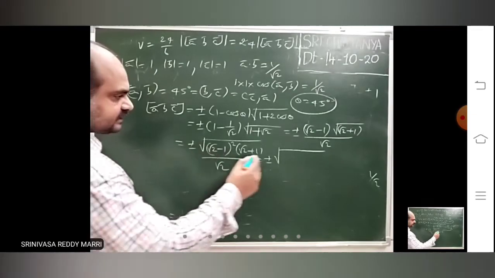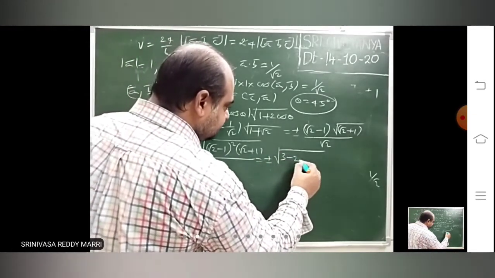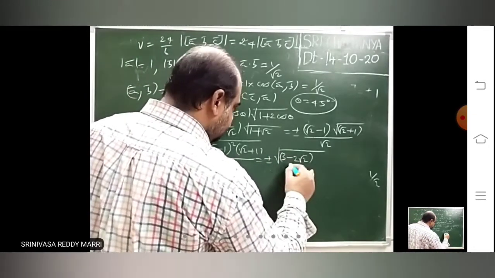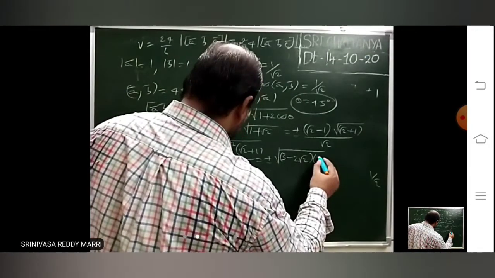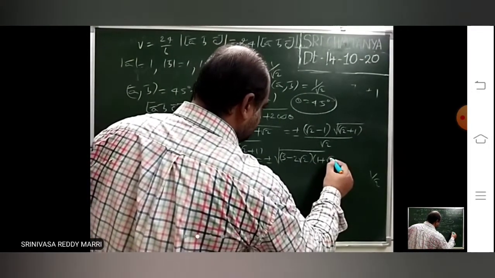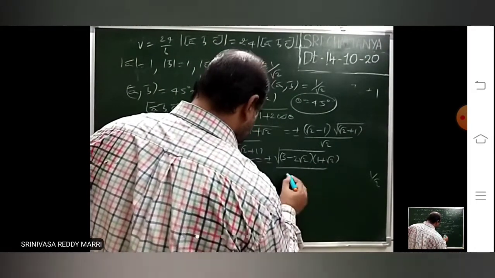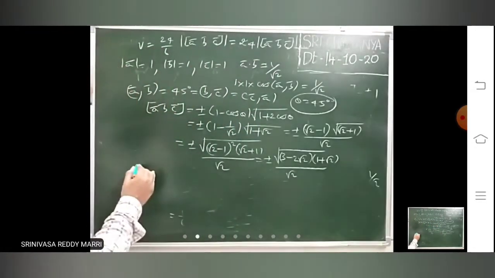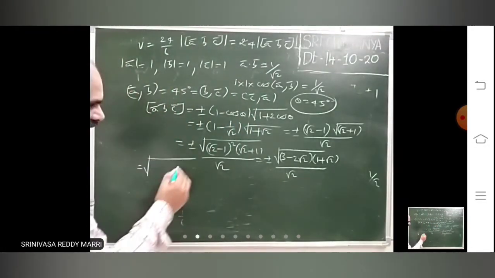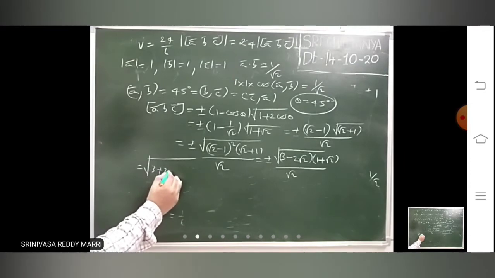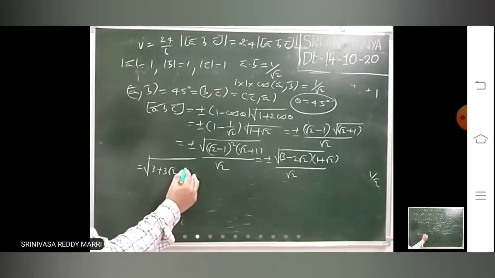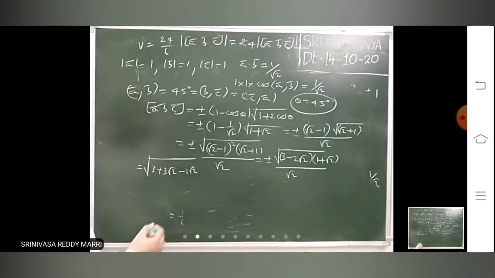If you write 2 plus 1, 3 minus 2 root 2, into 1 plus root 2 divided by root 2. If you multiply that, root of 3 plus 3 root 2 minus 2 root 2.